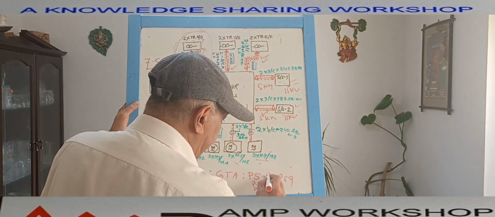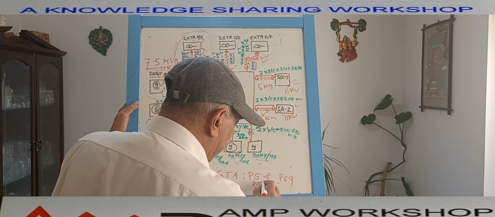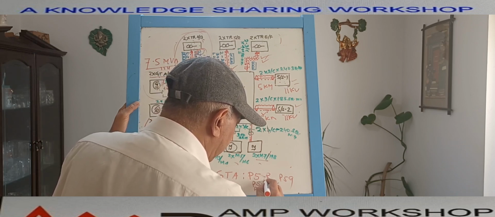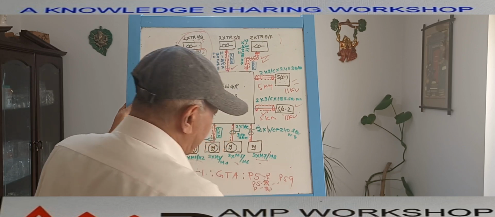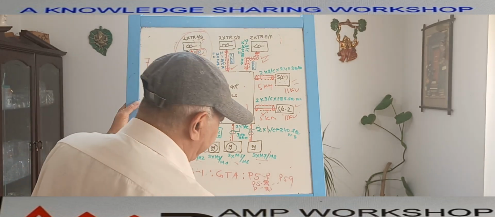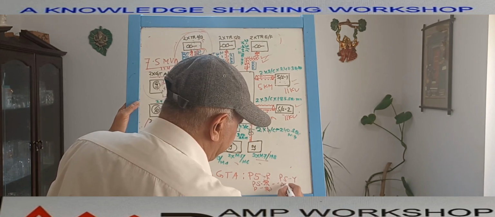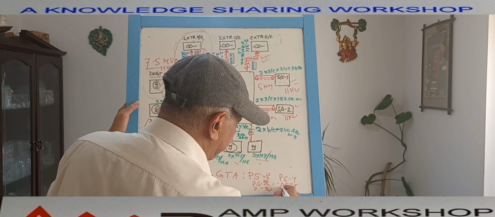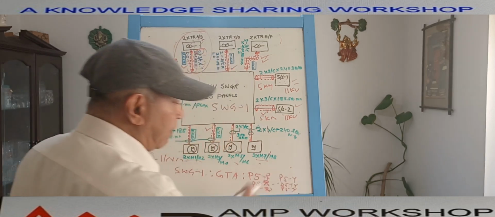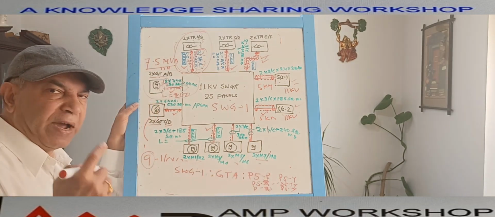Otherwise, we can do it another way: P5R, P5R, P5R, which means the R phase has 3 cables. Then P5Y, P5Y, P5Y for the 3 number Y phase. Similarly for blue, P5B, P5B, P5B.